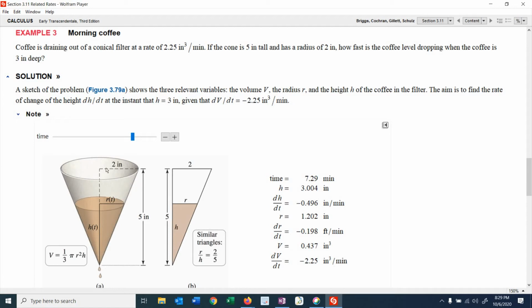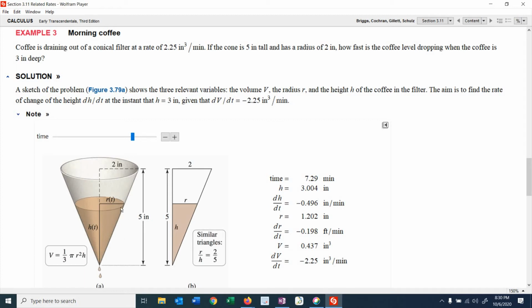Notice in this problem we have two similar triangles. If you look at this larger triangle, of course this is 2 inches because that's the radius of the cone. And then this distance here is 5 inches because that's the height of the cone. So that's our bigger triangle, and notice that's a right triangle.